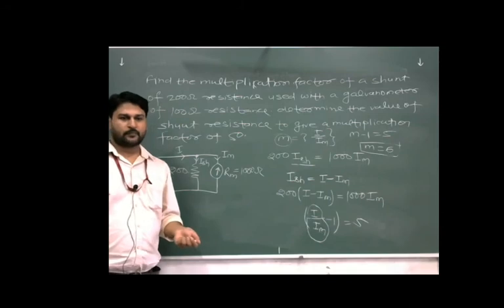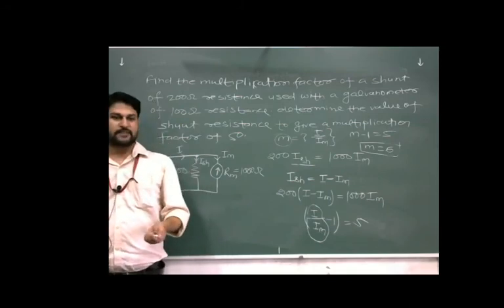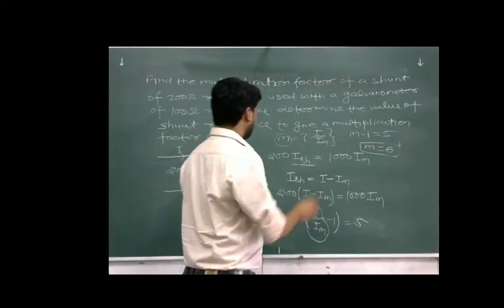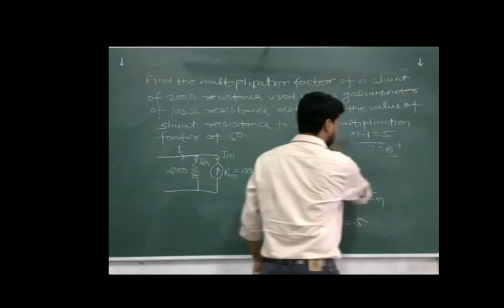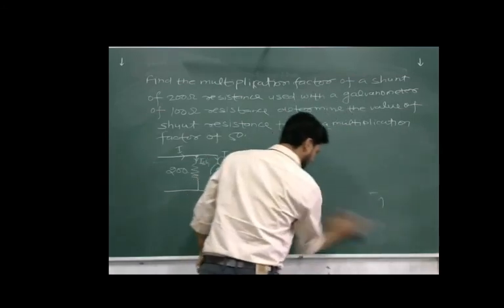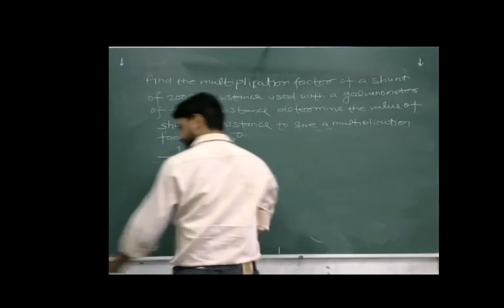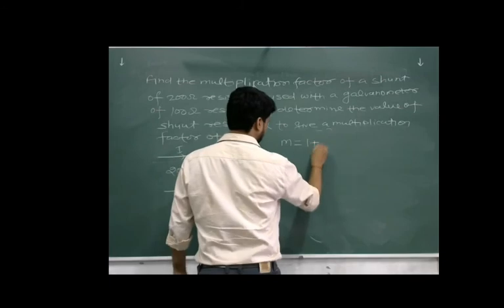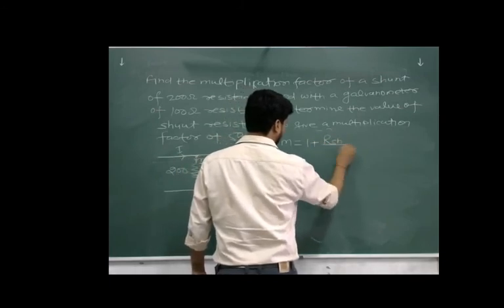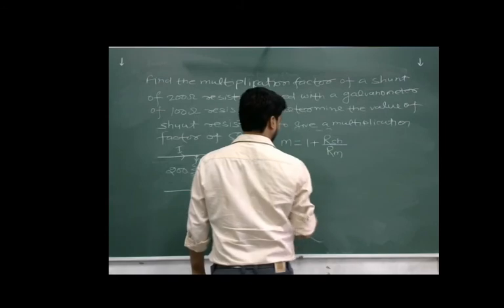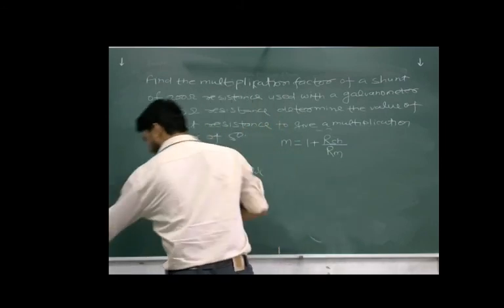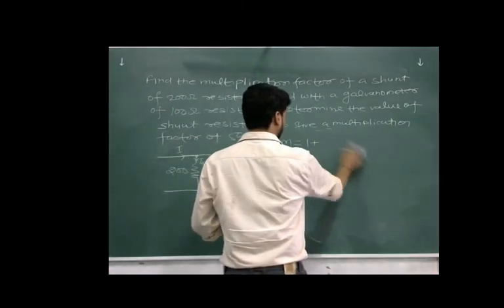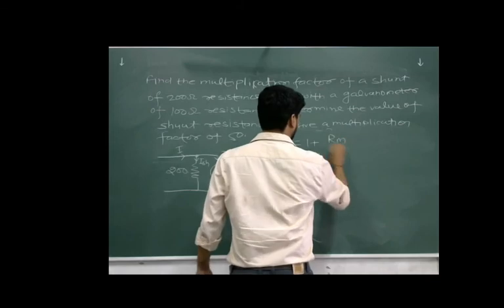Direct formula, as previously it was discussed that directly the multiplication factor can be written as m is equal to 1 plus RSH upon Rm, 1 plus 1 plus Rm upon RSH.